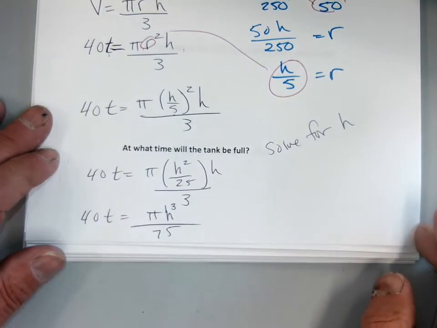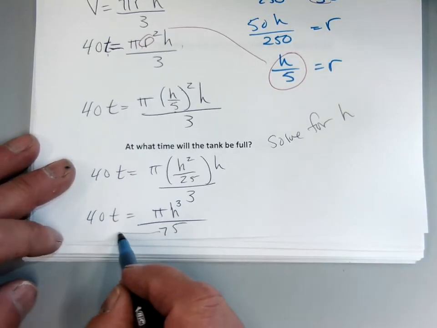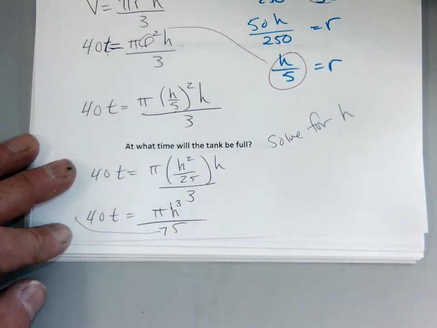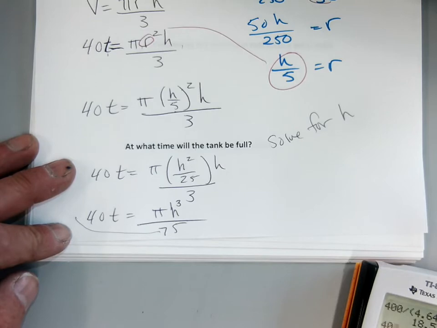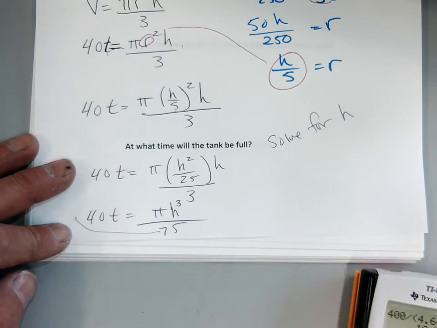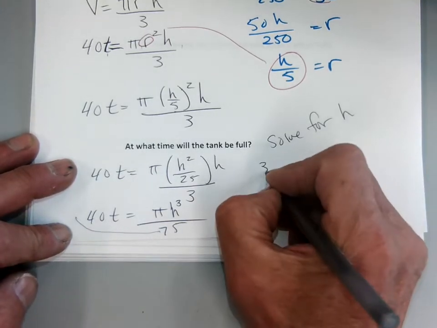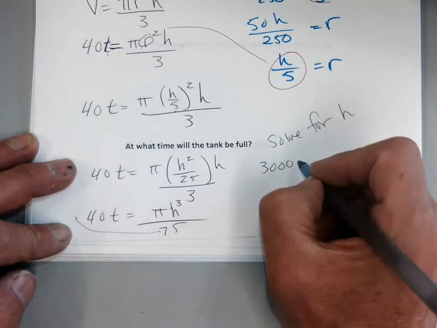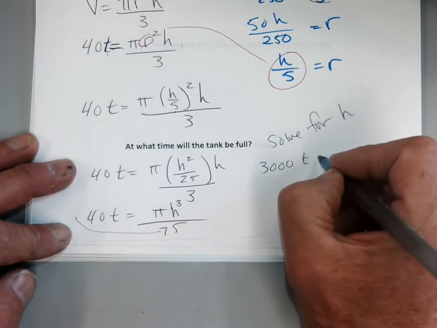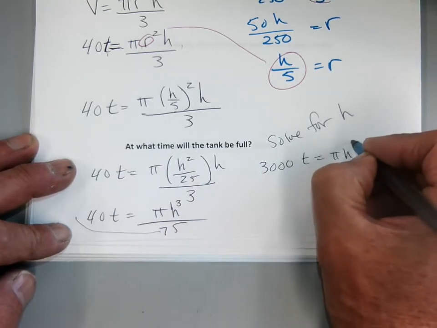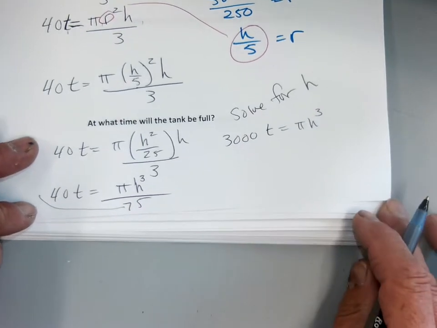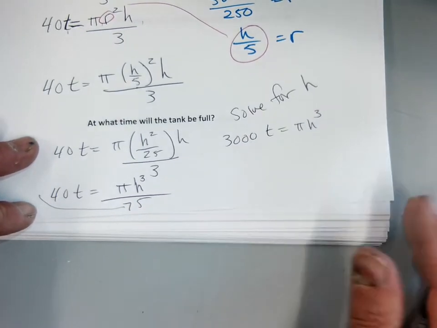So if I solve for h, I'll multiply up the 75. 40 times 75 is 3,000. t equals pi h cubed. I'll divide by pi, right?